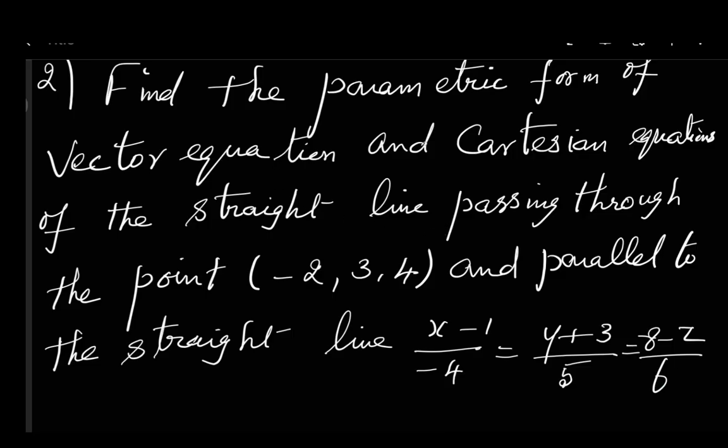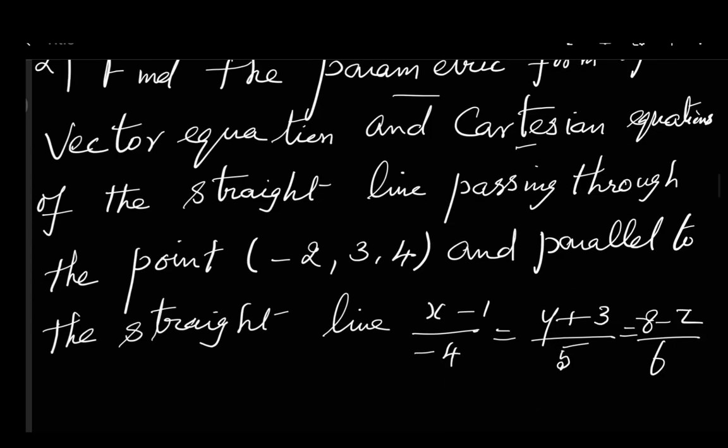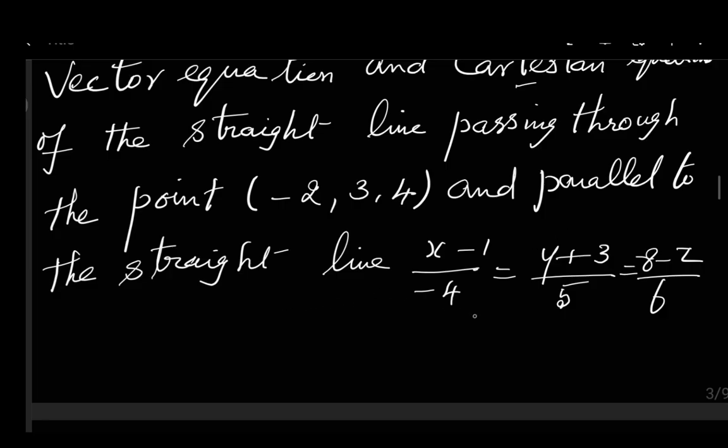When you need to find the equation of a straight line, in parametric form or Cartesian form, we need a point and a parallel vector. But instead of giving the parallel vector, they give that it is parallel to another straight line. So both the lines are parallel to the same vector b. Here the denominator terms are the terms of the parallel vector.